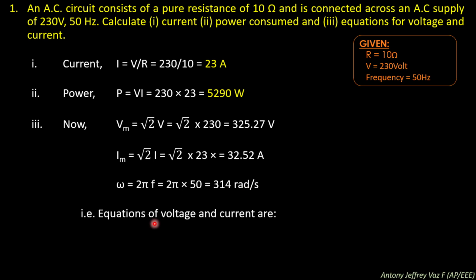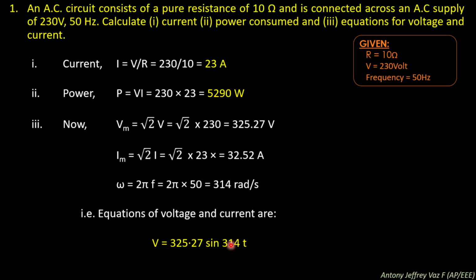To write the equation of voltage and current, you know that V is equal to Vm sin omega t. Here you have found Vm is equal to 325.27 volt, which can be substituted here, and omega you have found as 314 radians per second.